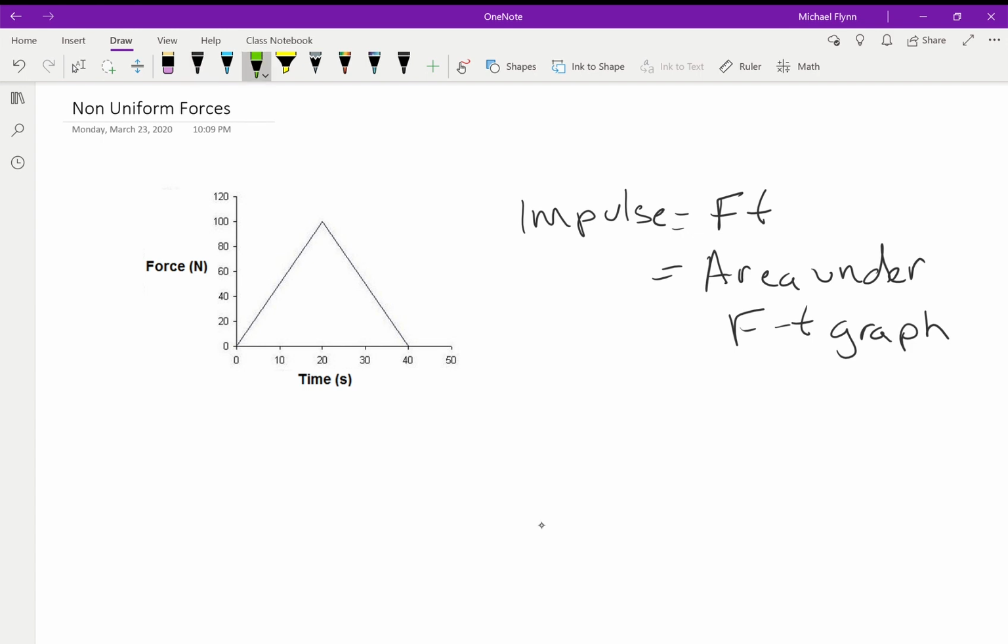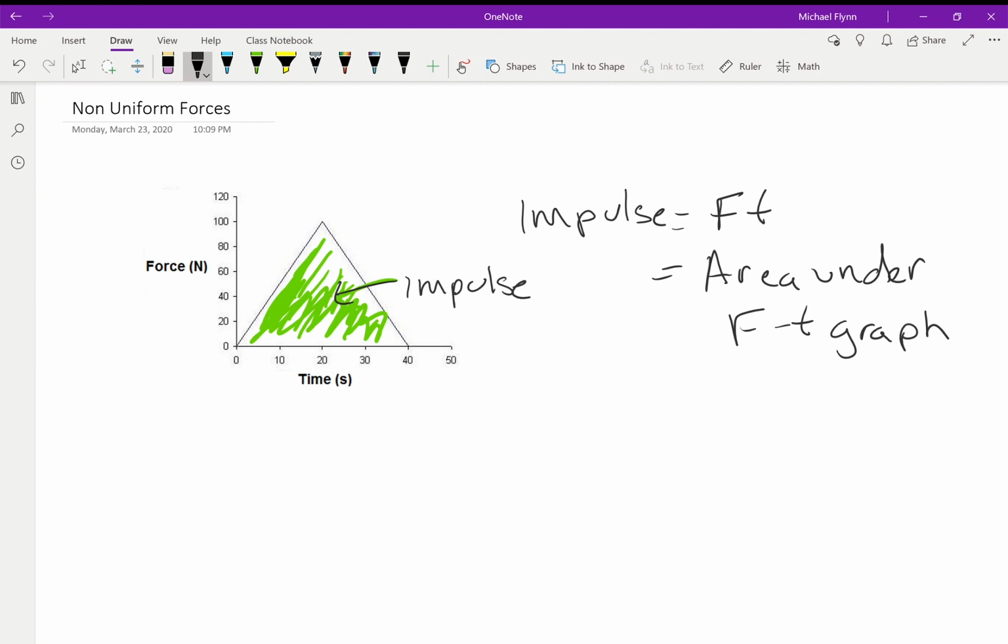So this area in here, I'll just color it in like that for you. That area, okay, I'll use a different color. This area here is the impulse. We've got numbers here so we can actually work out the impulse.